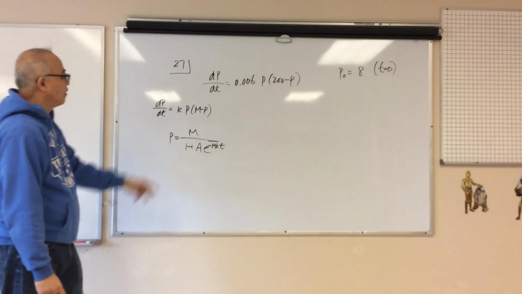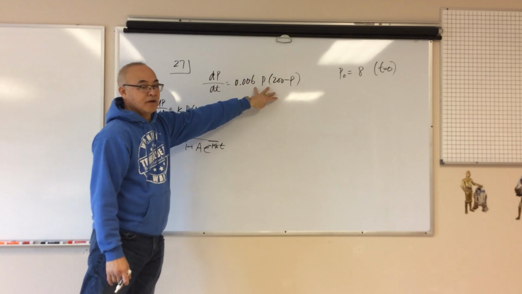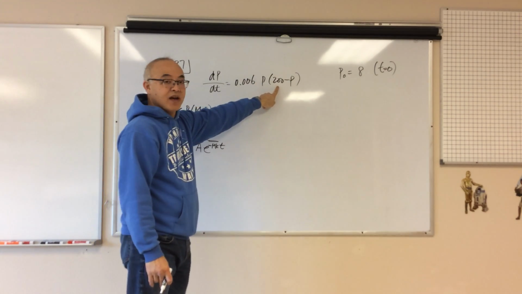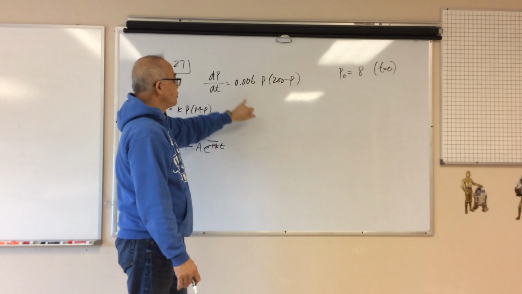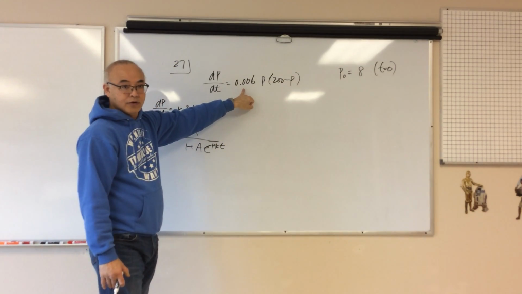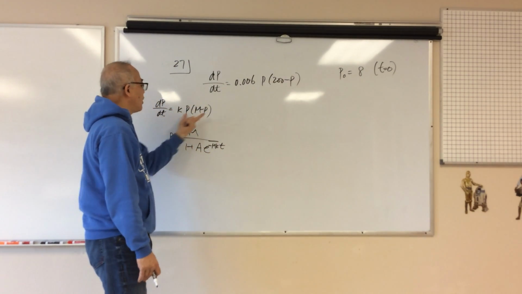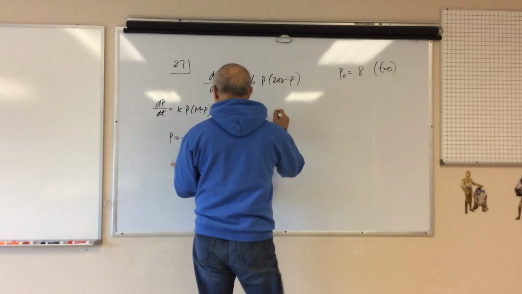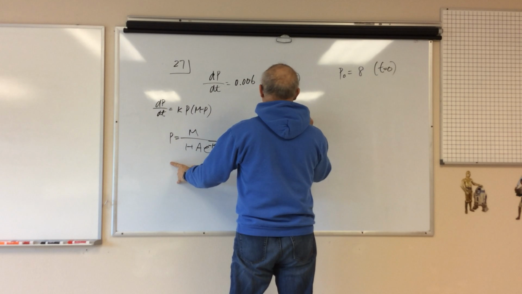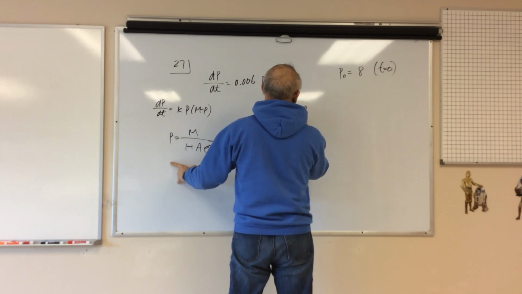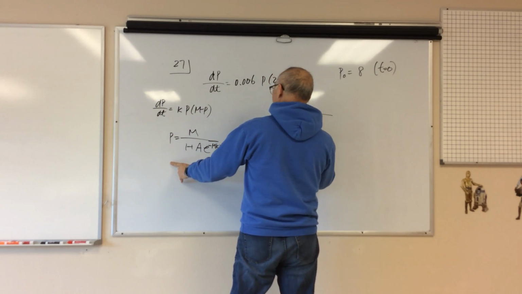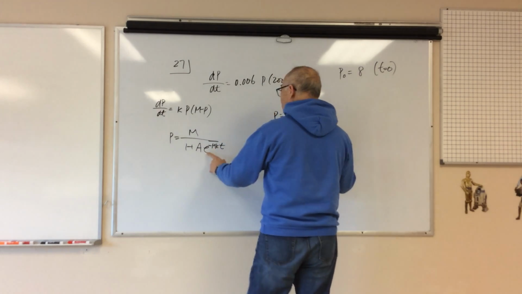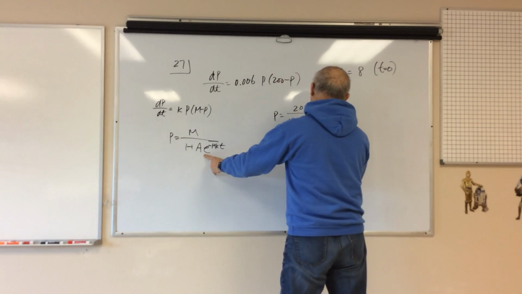So what do we know here on this one? I know the M value. I also know the k value. So I actually don't have to solve this through. I can say that P is equal to 200, the carrying capacity, over 1 plus A, which I still do not know. I have to solve for that.